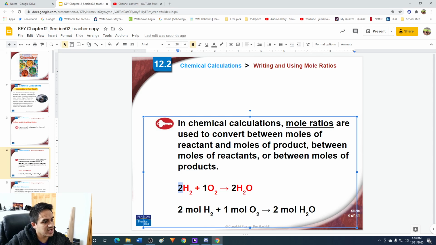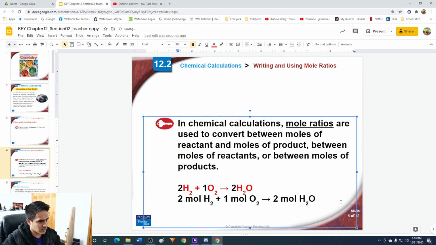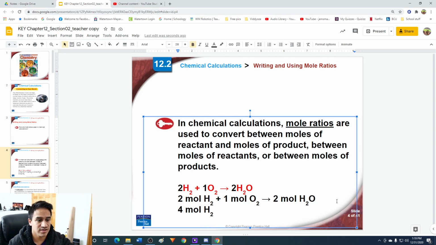What this is basically saying is we can use these to convert between moles of different things in the reaction. Let's say that I'm starting with 4 moles of H2, instead of 2. How many moles of oxygen am I going to need to react with 4 moles of H2?